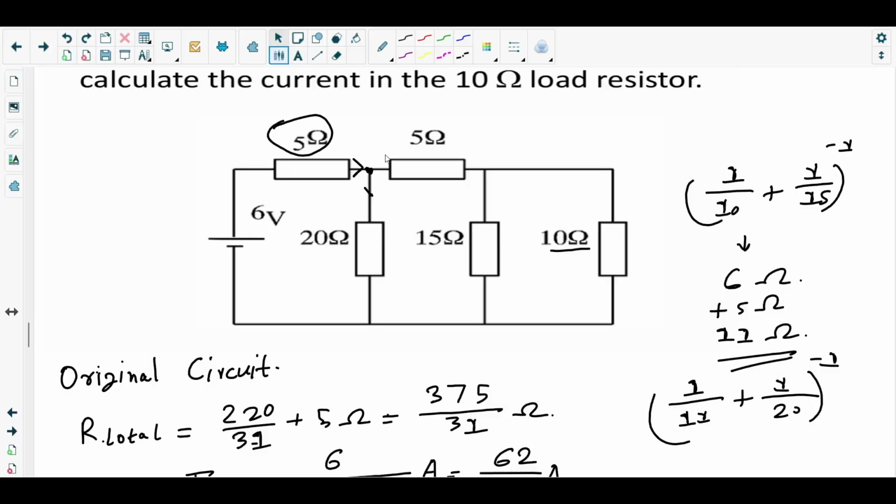So the PD across the 20 ohm resistor, V20, equals 88 over 25, because it is in parallel with the whole right section of the circuit. The PD across this part is also the same.